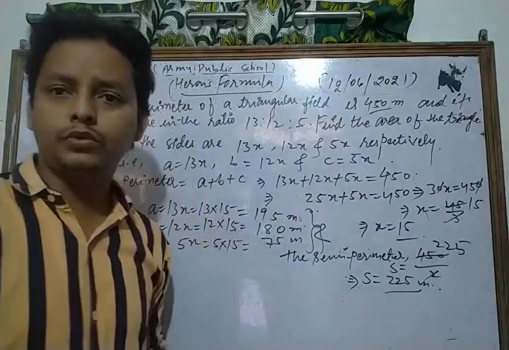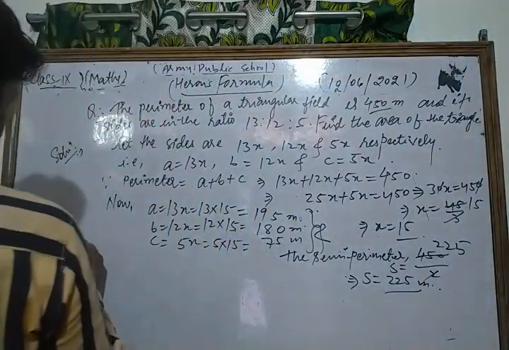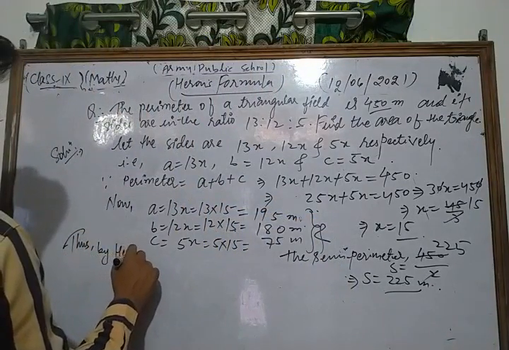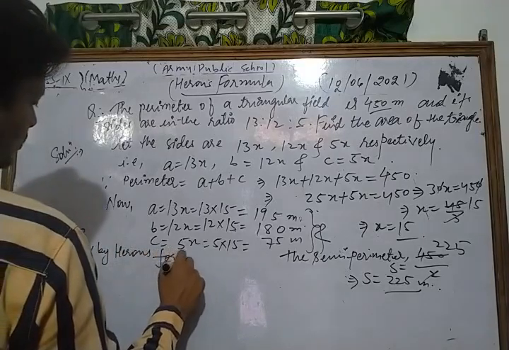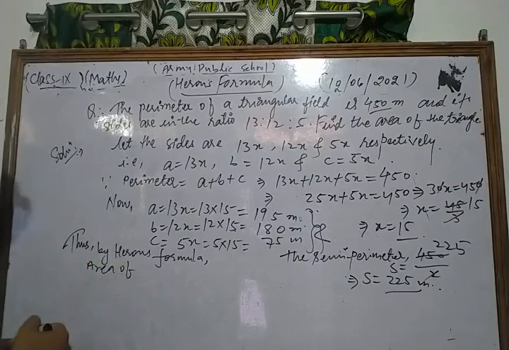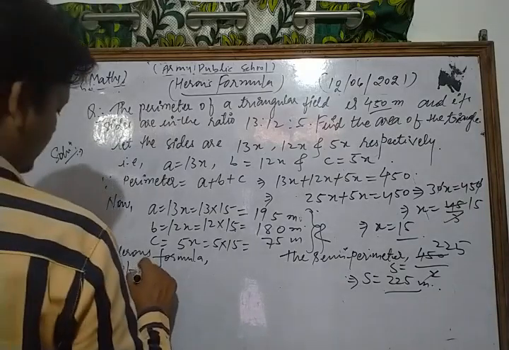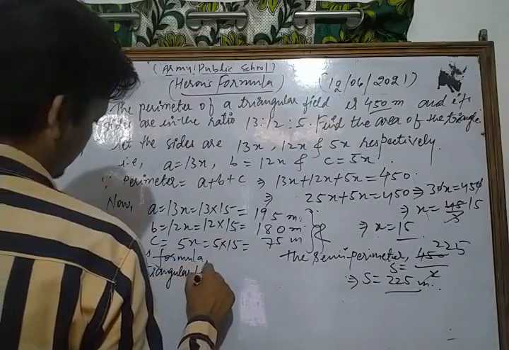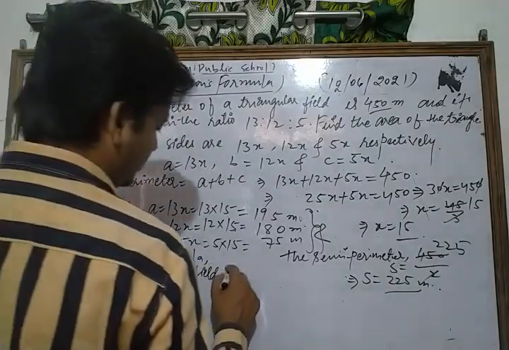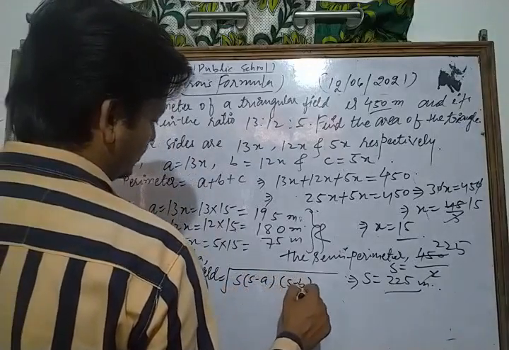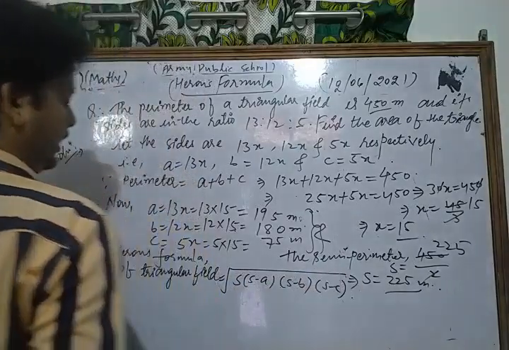Now for finding the area of that triangular field, we apply Heron's formula. Okay, so by Heron's formula, the area of the triangular field will be the square root of s into (s minus a), (s minus b), and (s minus c).